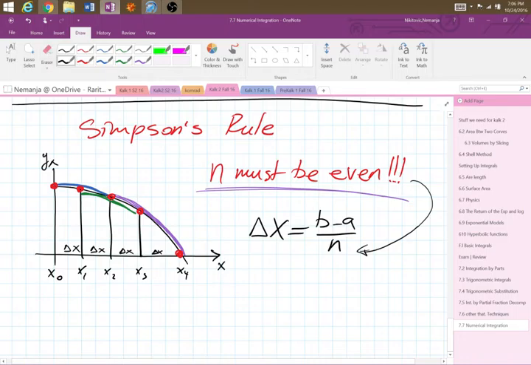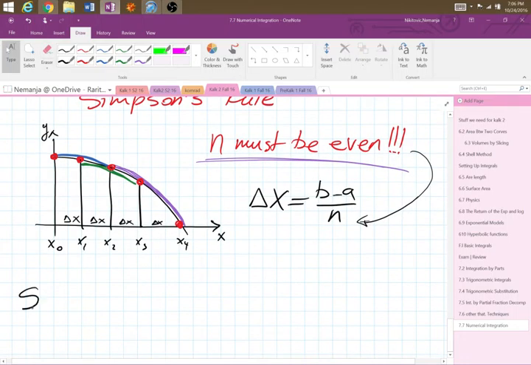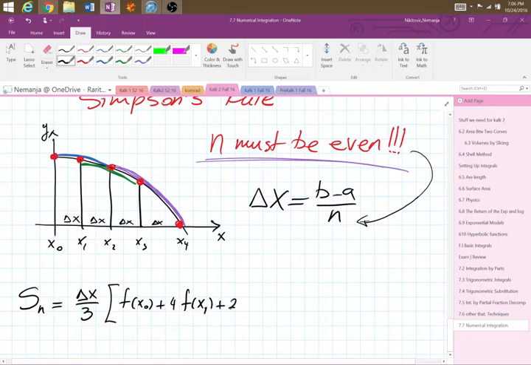So now what I'm going to do is write out S of n, which is now delta x divided by 3, and the pattern is f of x0 plus 4 f of x1 plus 2 f of x2 plus 4 f of x3 plus 2 f of x4 plus dot dot dot.